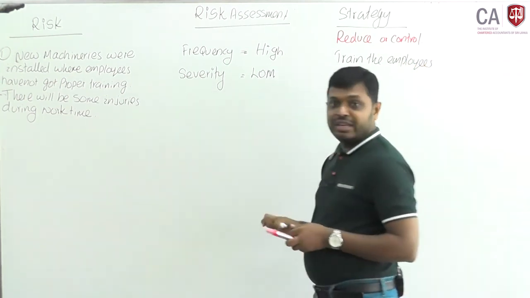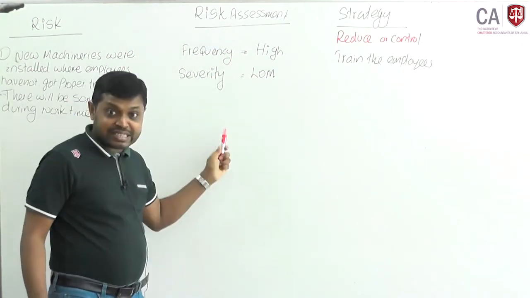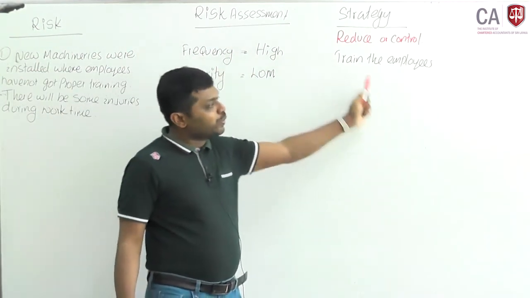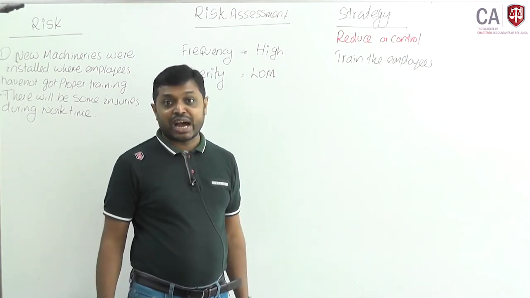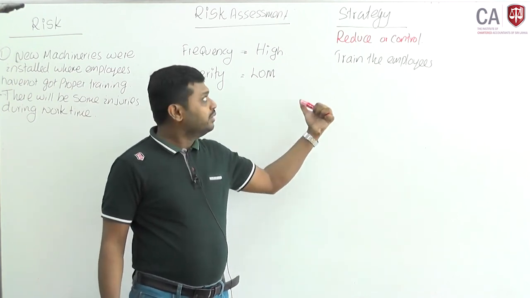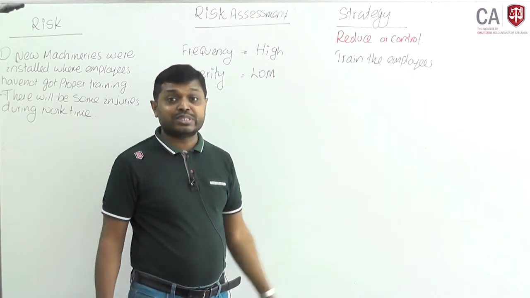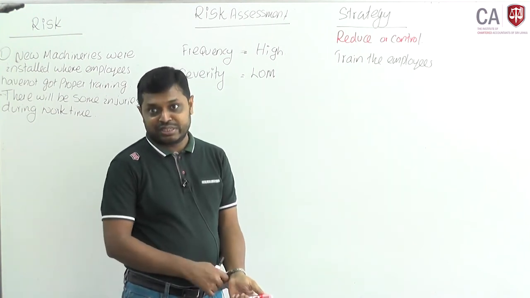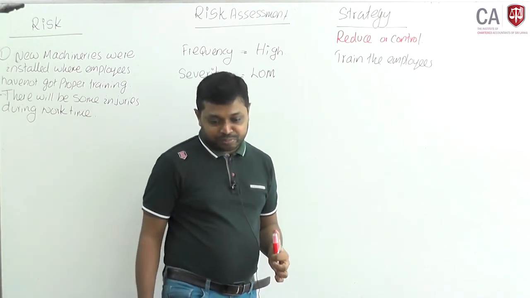Train the employees. You have identified the risk, then you have assessed the risk, then you have proposed the strategy. That's how you can use the TARA model. Identify the risk, then assess the risk and propose the strategies to adapt. You have to say which strategy to use. Okay.